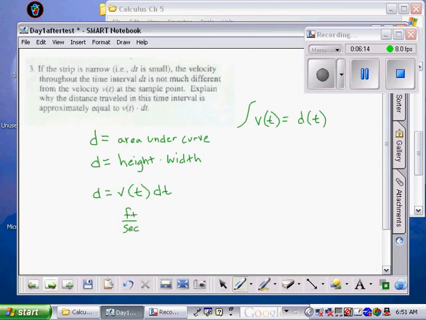So label-wise, we would have feet per second times your width, which is on the t-axis, which is time, and time is measured in seconds. Seconds cancel, and voila, we can also show with labels that when we do that we get feet. Questions there?